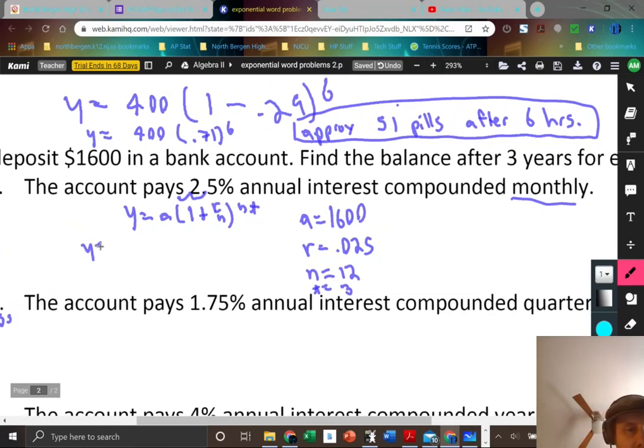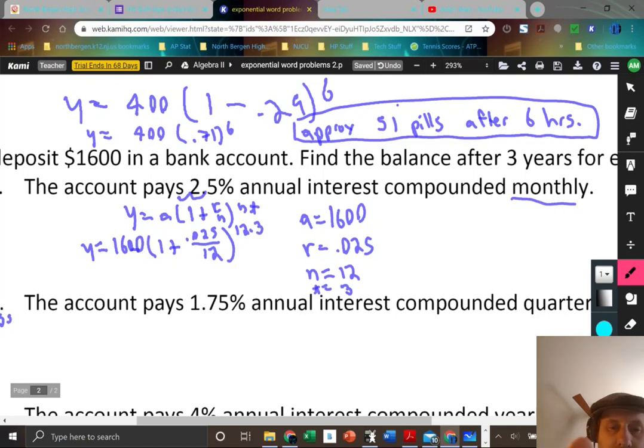So we'll say y equals, A is 1,600 times 1 plus R, which is 0.025, over n, which is 12, to the nt power. So n is 12 and t is 3, so to the 12 times 3 power.